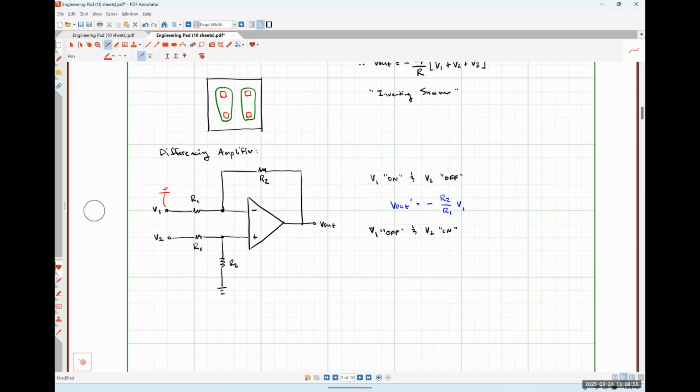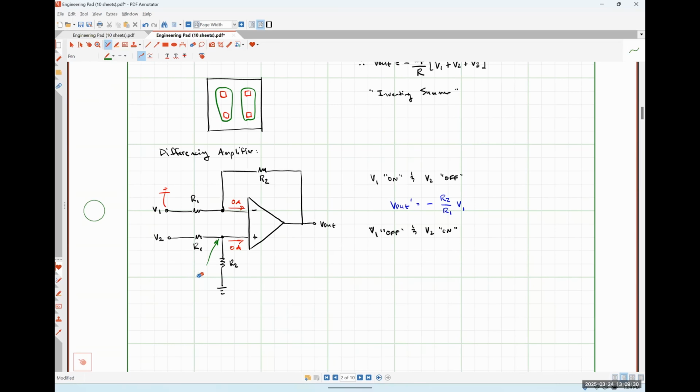So recognizing that no current can flow into or out of the input terminals of my op amp, that means that my voltage source V2 is just going to see those two resistors R1 and R2 in series, essentially, right? So how would I find the voltage present at this particular node? Voltage division, okay? So what would that look like?